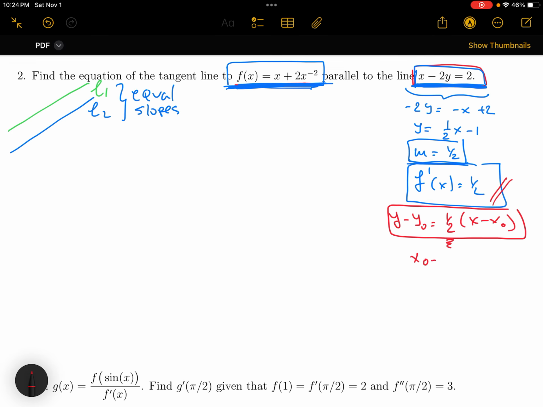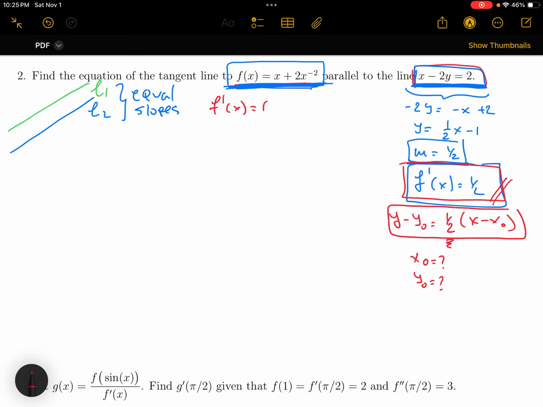So what's missing? I don't know at what point the tangent line touches this curve, so that it has a slope 1/2. But this will answer this part right here, is the answer to our problem. So let's figure out how much is y prime.